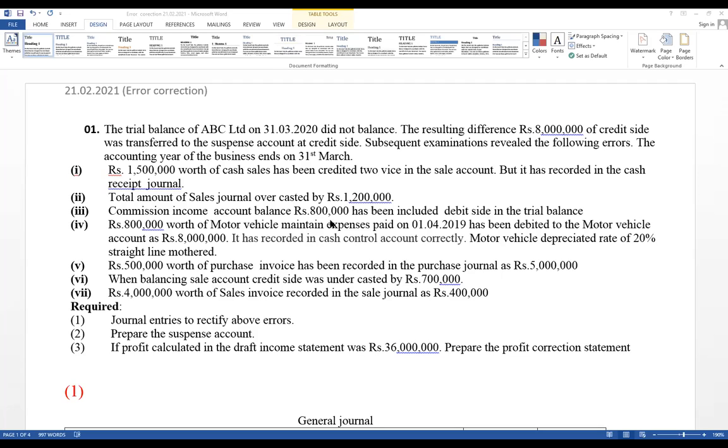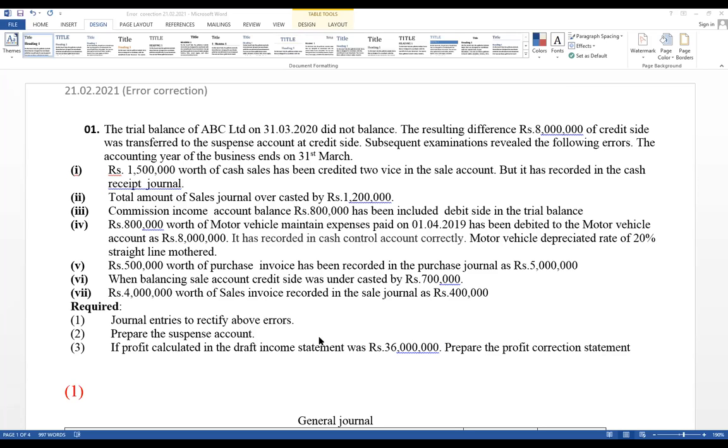Trial balance credit, suspense account debit. Errors that occur when preparing the trial balance also affect the suspense account. Therefore now not 800 but 1.6 million should be recorded, twice. Trial balance credit, suspense account debit. Trial balance credit, commission income.